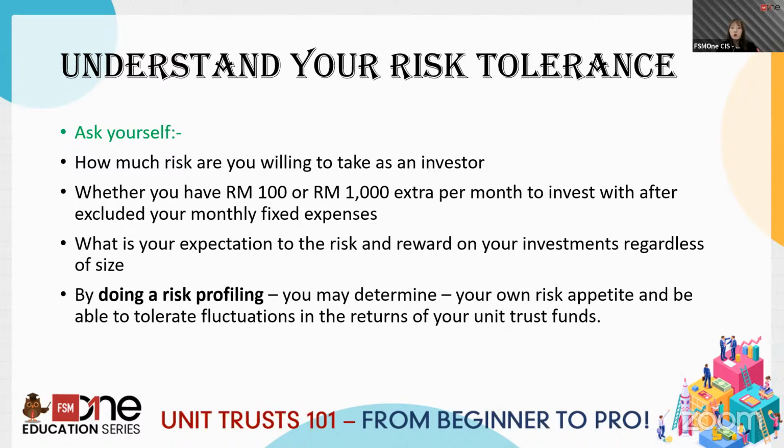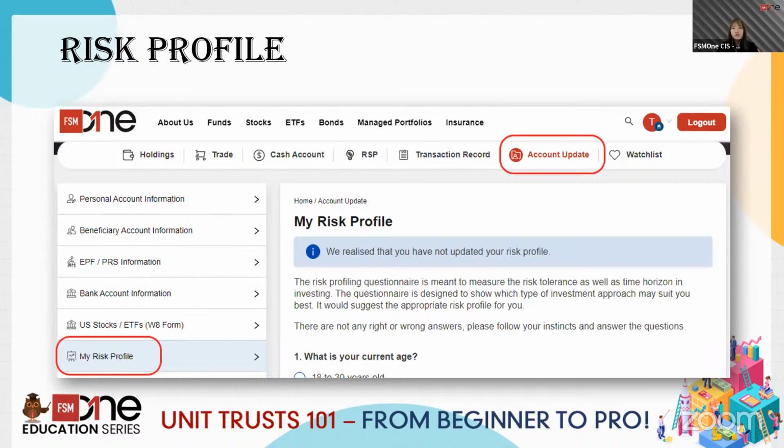So be aware of your risk tolerance level and ensure that your investments are evenly distributed across the various types of investment assets. Therefore, investors may log into the FSMOne Malaysia website and proceed to check your risk profile by simply answering a few questions.